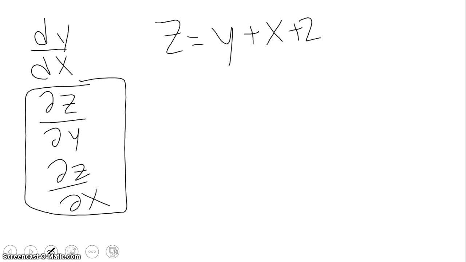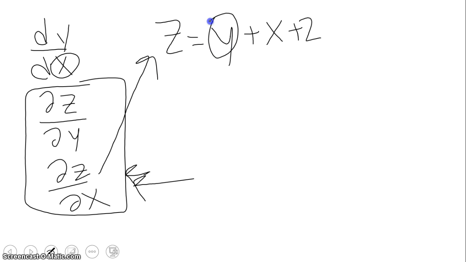Now, when you have a partial x, that means that the x is moving, just like you had here. So when the x is moving, the x acts as a variable, and any other variables in this function will all act as a constant. So if we took the partial of z in terms of x, this y will act as a constant, because the y is not moving, just like the 2 does not move.